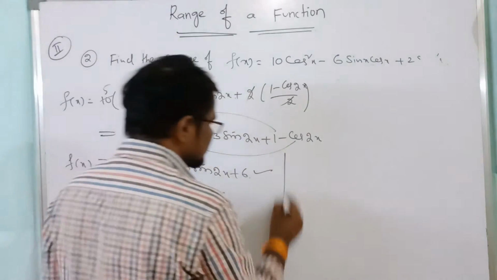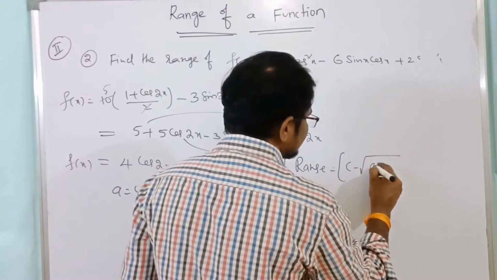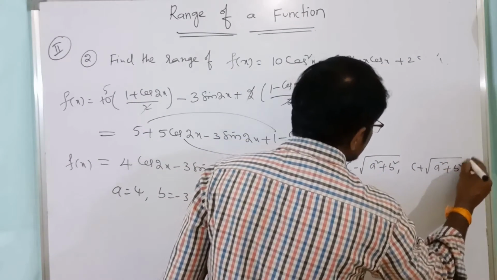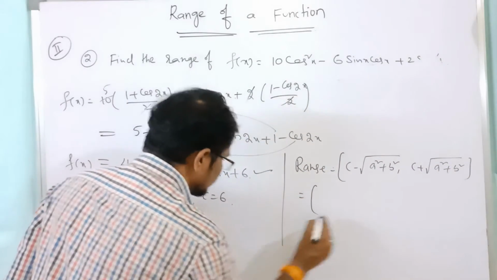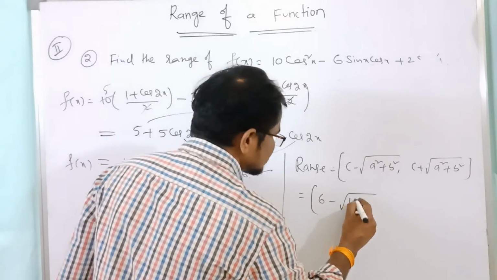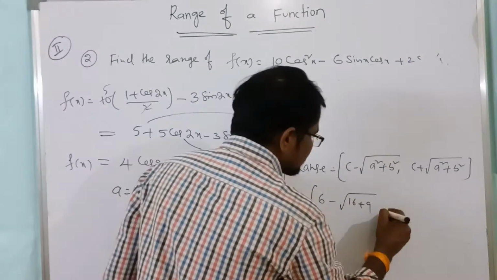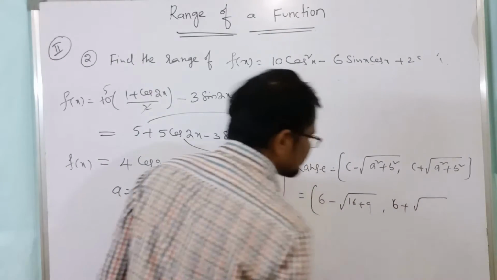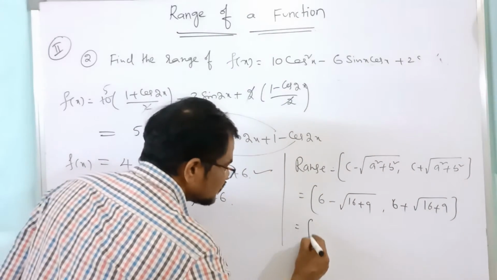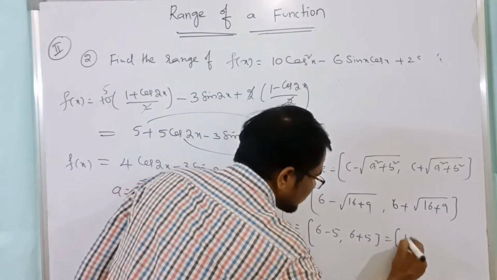Now what about the range of the function? The range is c minus root of a square plus b square to c plus root of a square plus b square. That is 6 minus root of 16 plus 9, to 6 plus root of 16 plus 9, so 6 minus 5 to 6 plus 5, that is 1 comma 11.